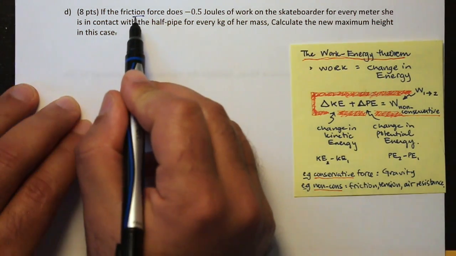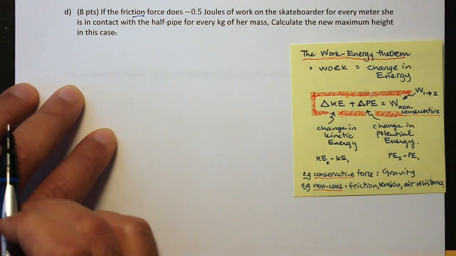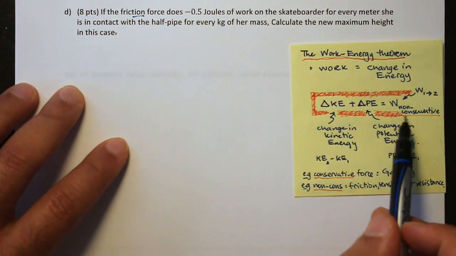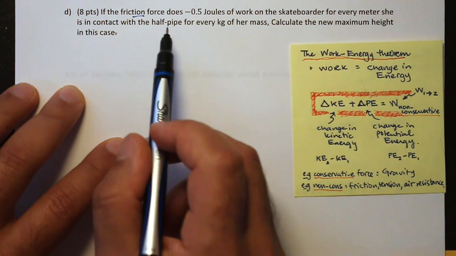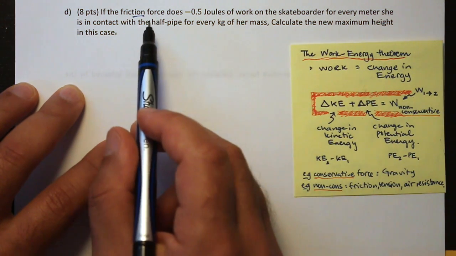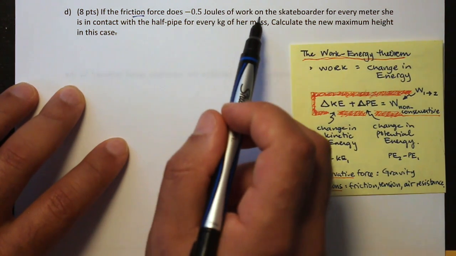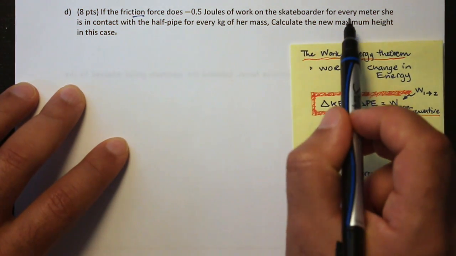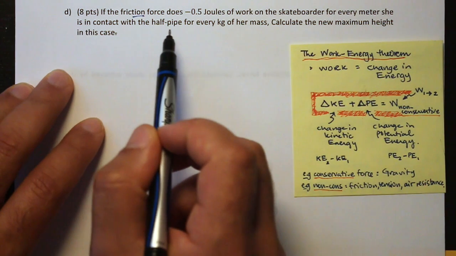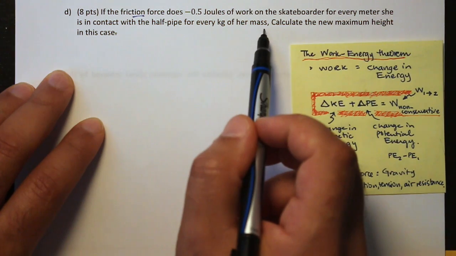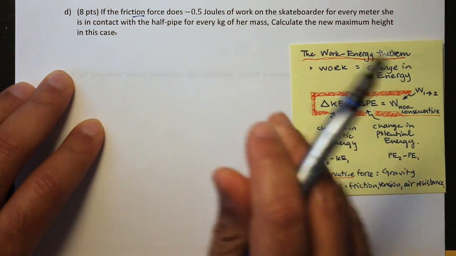And so the friction force is a non-conservative force, so any work that it does is going to be a contribution to the work done by non-conservative forces. And the question is saying if it does minus 0.5 joules of work on the skateboarder for every meter she is in contact with the half pipe for every kilogram of her mass, calculate the new maximum height.